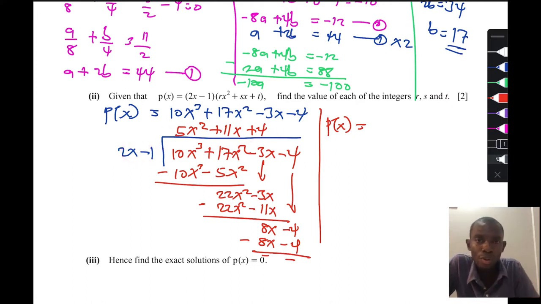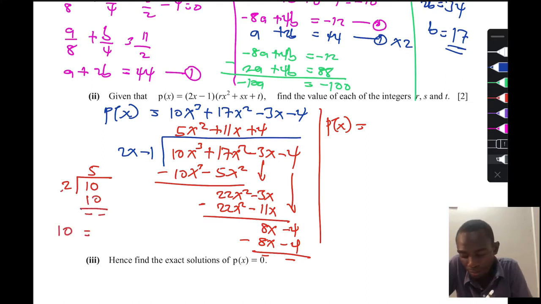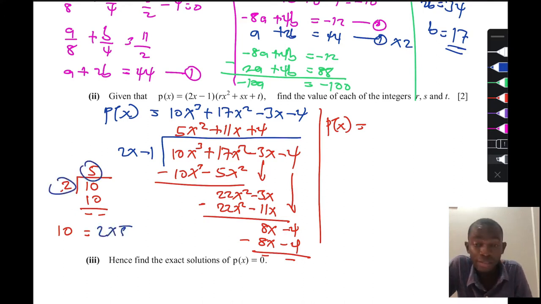And that is true because, let me give you an example. If I ask you to divide 10 by 2, your answer is 5, right? Then 5 times 2 is still 10, so you are done. So 10 is the same as 2 times 5. So p of x is basically the same as this times the whole of that.